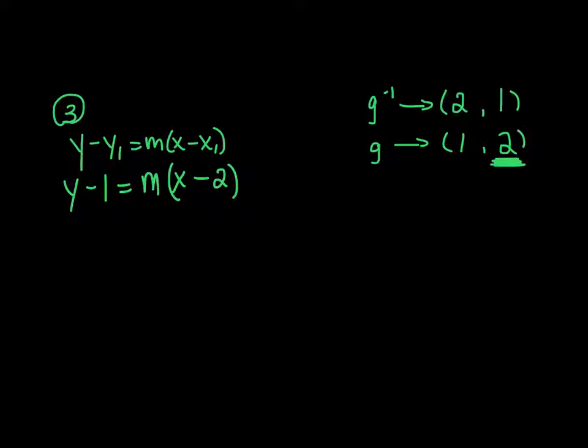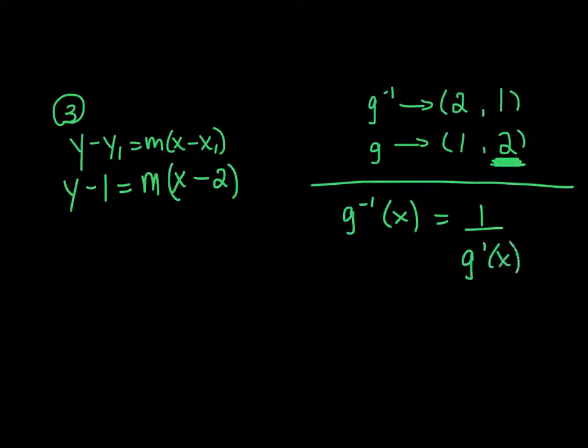Now remember, we're going to use the formula for the slope. I want the slope for the inverse, so I'm going to do 1 over g prime of x. We've got that chart there, and we have g prime.